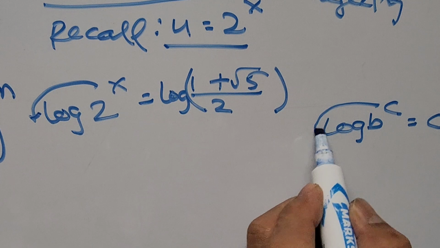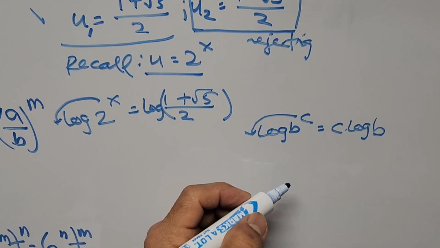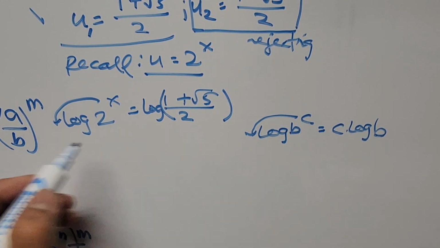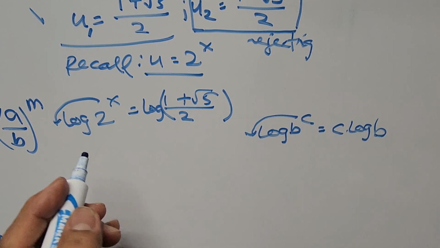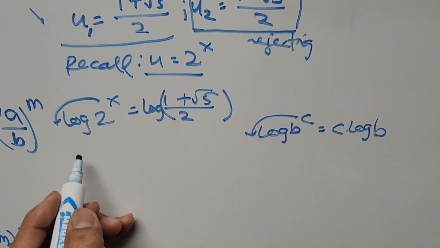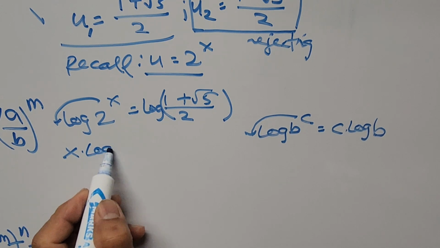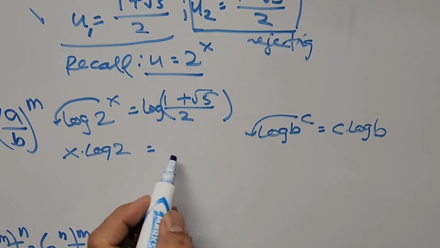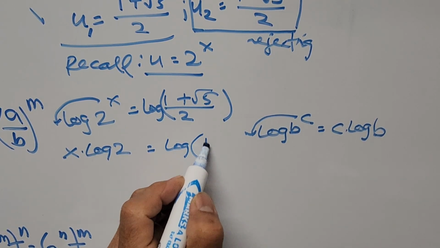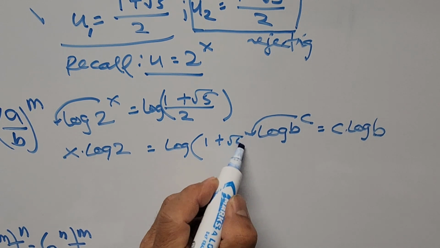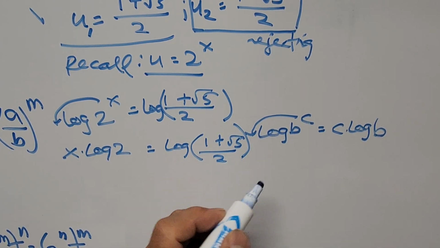That means the exponent c is going to the front. So that's what happened to our equation now. x is going to the front of log of 2. So x times log of 2 is equal to log of 1 plus square root of 5 over 2.